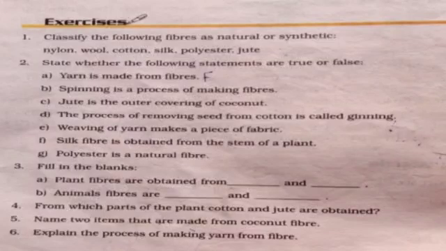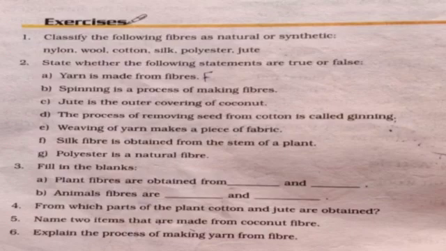Question number 4. From which parts of the plant are cotton and jute obtained? So cotton is obtained from the fruit of the cotton plant, and jute is obtained from the stem of the jute plant. Question number 5. Name 2 items that are made from coconut fiber. So you can write ropes, mats. 6.